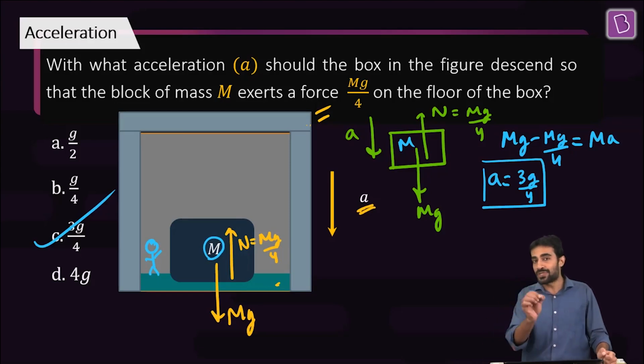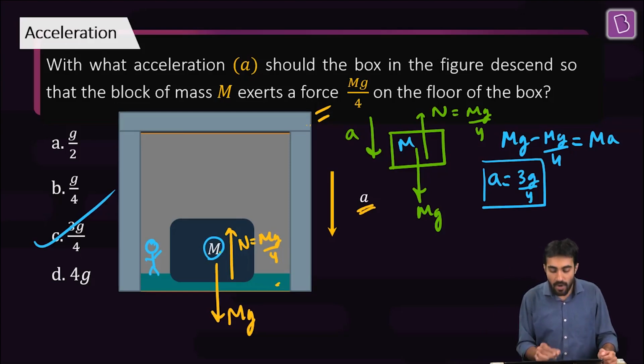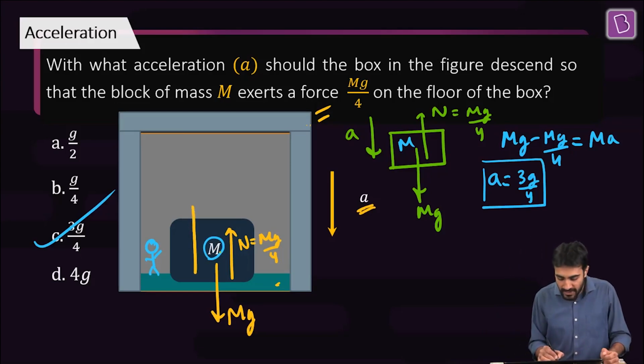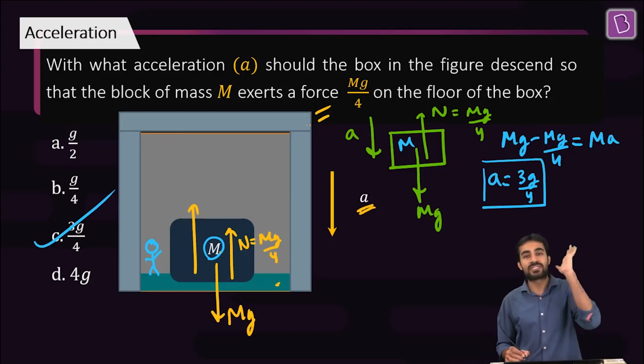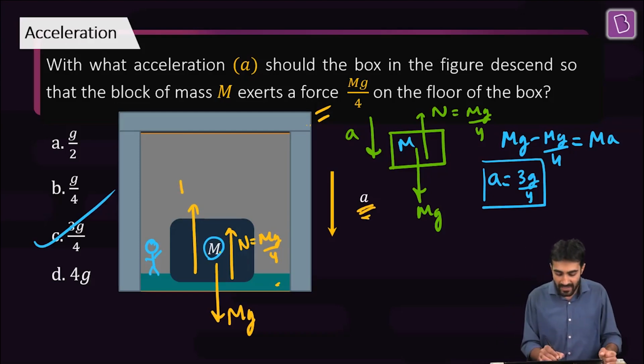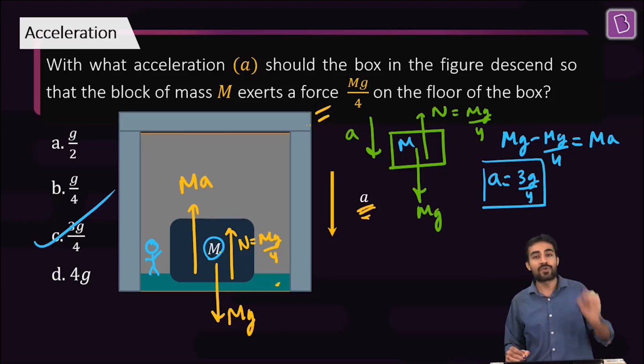Now, to get an equation, we will take the help of pseudo force. The pseudo force on the block of mass capital M will be in the opposite direction to the acceleration of our reference frame. So, the acceleration of our reference frame was in the downward direction. We will apply pseudo force in the upward direction, and the value of pseudo force is capital M times A. Now we can write the equation.